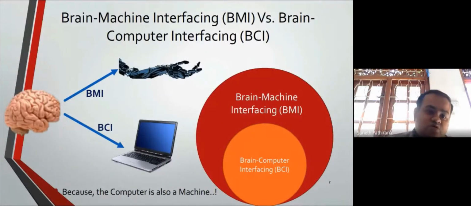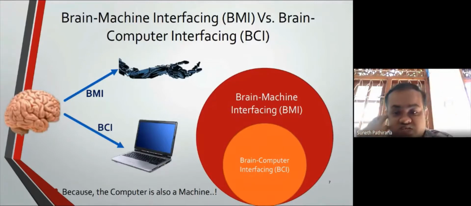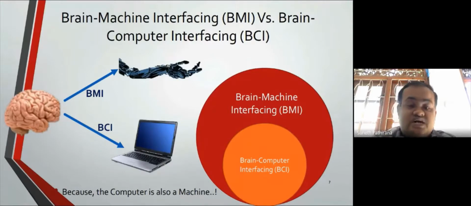That means once we recognize the brainwave patterns, the intentions, the desires of the human brain of the user who is wearing the special device, brain machine interfacing is interfacing the human brain with a physical machine, like a prosthetic arm, wheelchair, something like that.